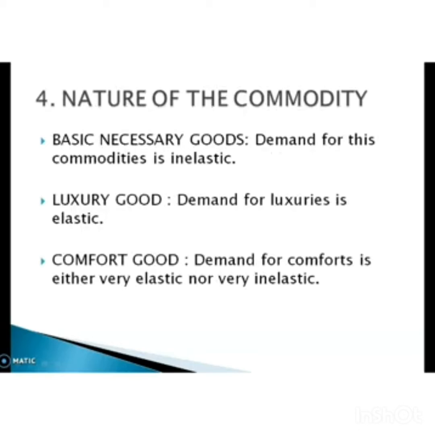Next one is nature of the commodity. The elasticity of demand for a good depends upon the nature of the good. So basically there are three types of commodity: necessary commodity, luxury commodity and comfortable goods. First one, the necessary goods. Demand for this commodity is inelastic. The elasticity of demand for a necessary good is relatively small or inelastic.